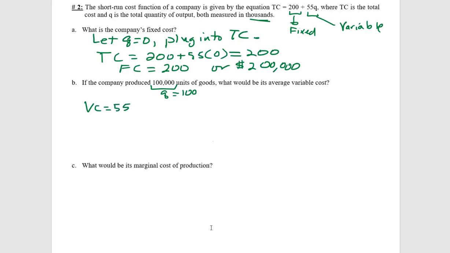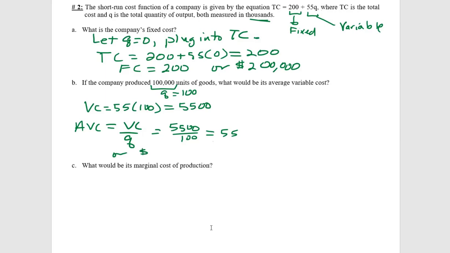So 55 times 100, and we get 5,500. And then take that and divide it by the number of units that we actually produced. So 5,500 divided by 100, or 55, this would really mean then $55,000.